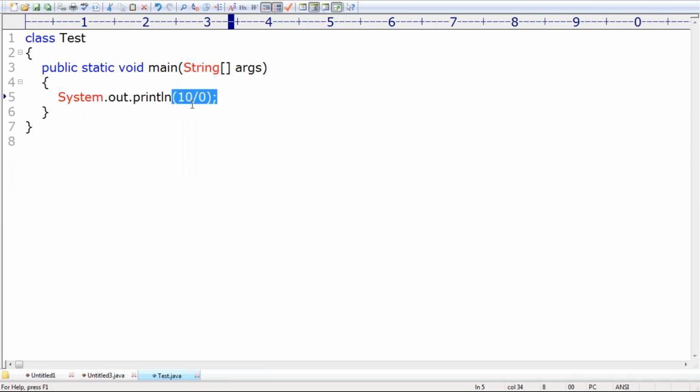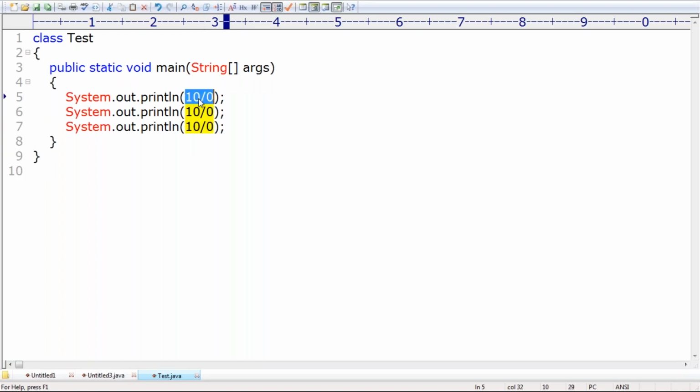Have a look once. I'm taking SOP of statement 1 here. Next I'm taking 10 by 0, and after that statement 2 or statement 3 like this. Observe this code.